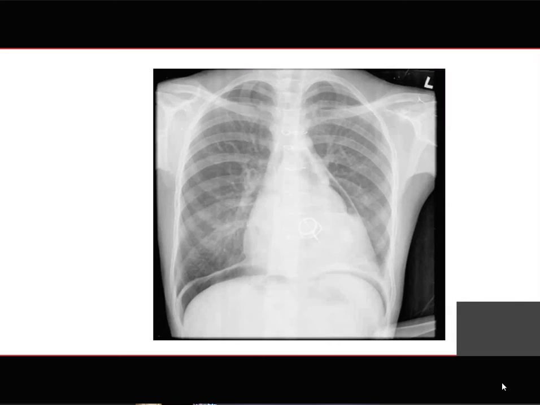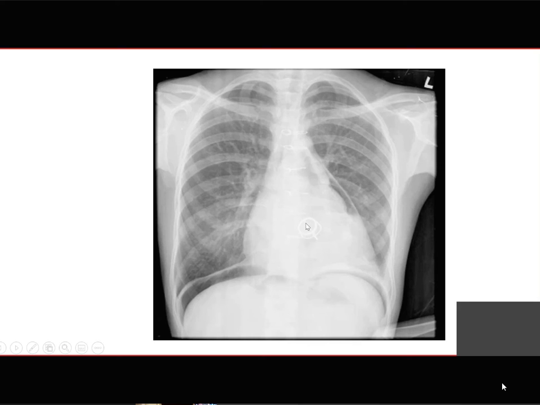A different session is there. Pneumopericardium, post device. It's a device there and a pneumopericardium. Only pneumopericardium. Pneumoperitoneum is also there. Okay.